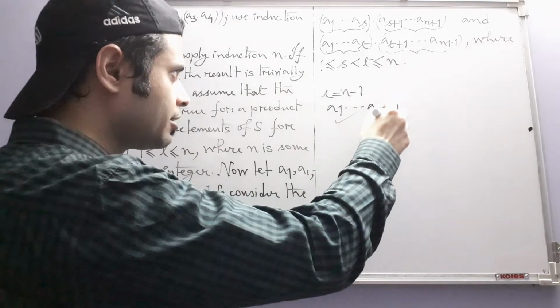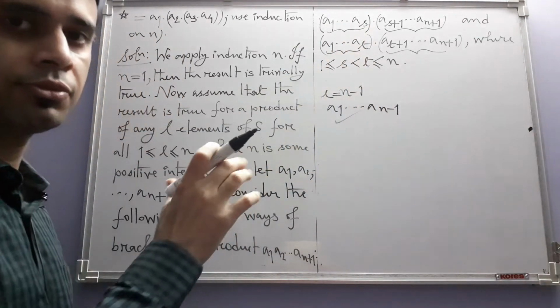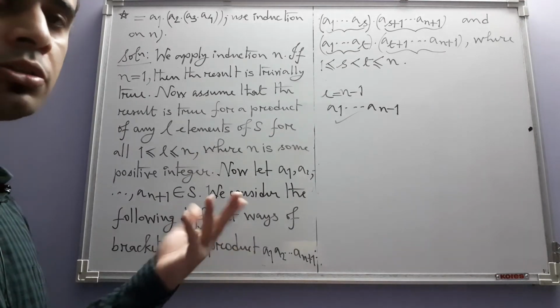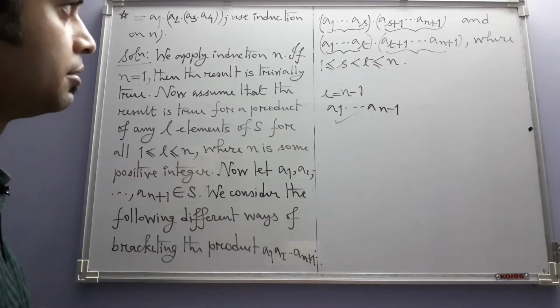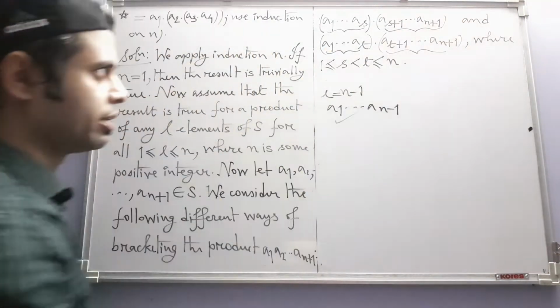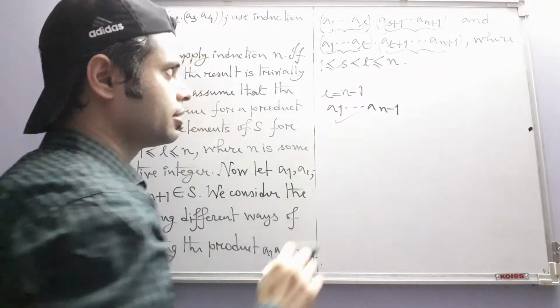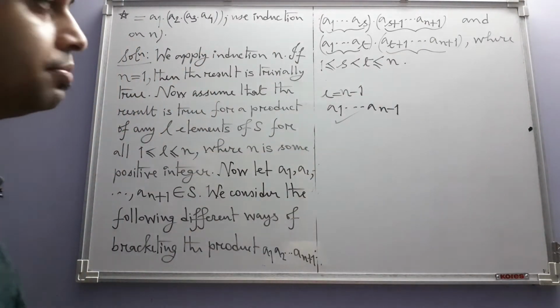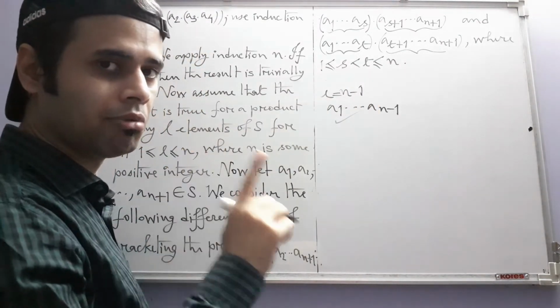If this is well defined, then the smaller products where we have less number of factors will also be well defined because of our strong induction hypothesis. Now how large can this second product be? For that to happen, S has to take the smallest possible value, and that smallest possible value is 1.